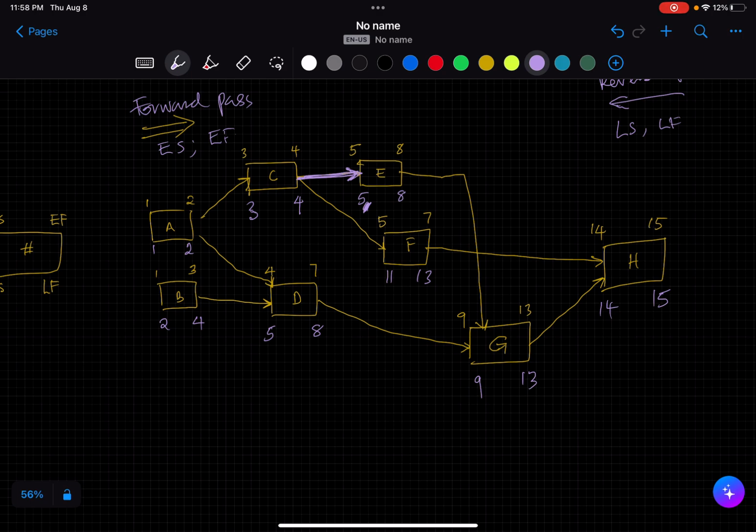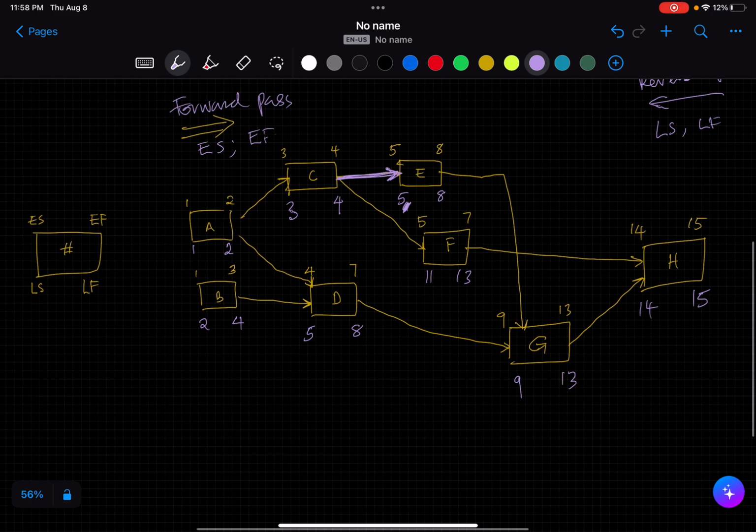Now, you'll find that some of them have their late start dates equal to their early start dates. In this case, let me change this ink to red. A is an example of such: its early start equals its late start. Similarly, C, its early start equals its late start.